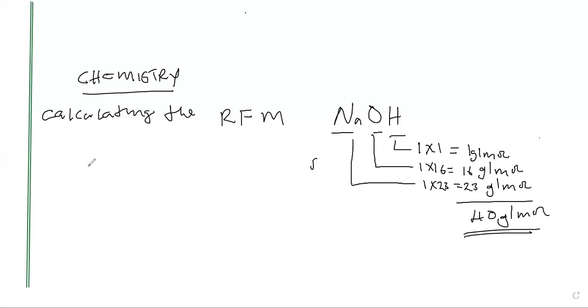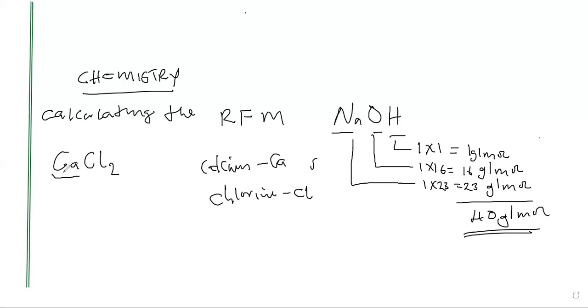Now, what if we were calculating for calcium chloride? Here you are supposed to name the number of elements that you have. You remember that calcium has a symbol of Ca, then chlorine has a symbol of Cl, capital C, small l.